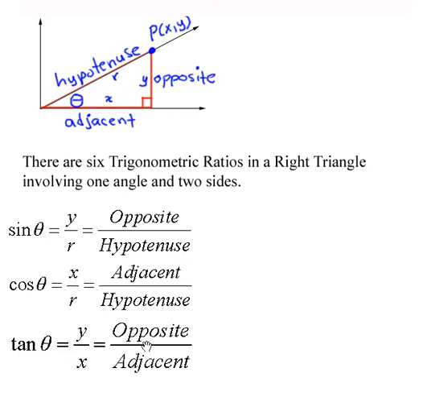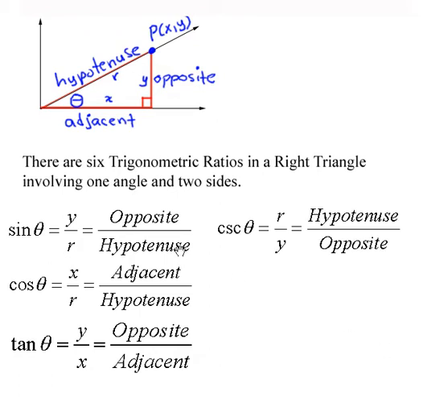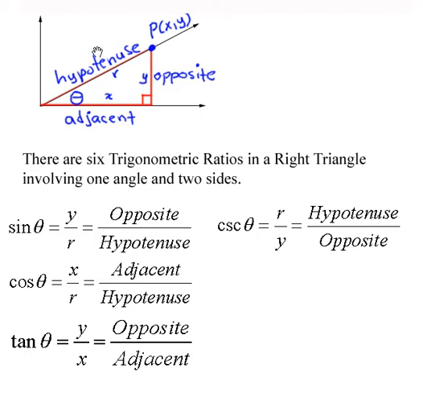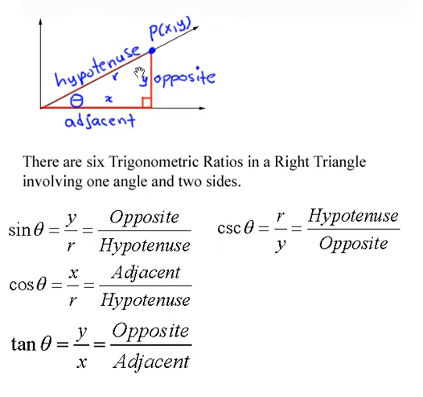These are the 3 main trig functions, but there are 3 more which are inverses of that. So sine, and this is the abbreviation for cosecant, CSC. So cosecant is the reciprocal. If sine is the opposite over hypotenuse, cosecant is the hypotenuse over the opposite. So again, standing at our theta angle, we take the hypotenuse over the opposite, which is also r over y.